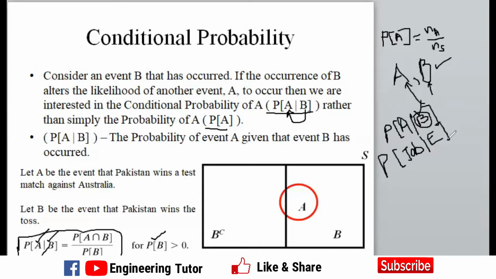Now you can see that both events are interconnected. If you have done engineering, then there is a very high chance of getting a job. But if you haven't done it, you cannot get a job. So there is a relation between these two things, and if one has occurred, you can find the probability of the other event as well.